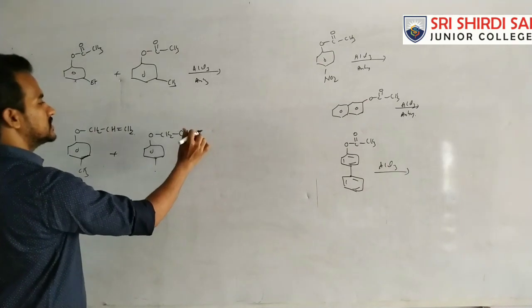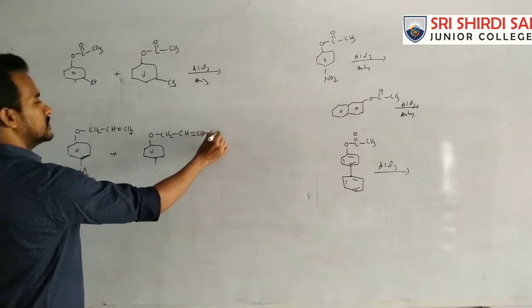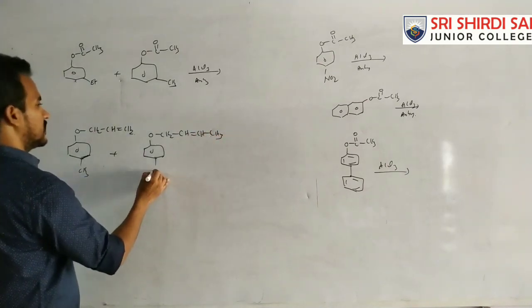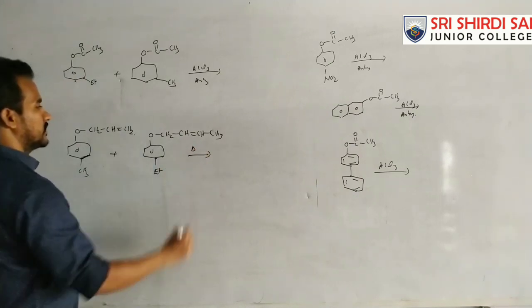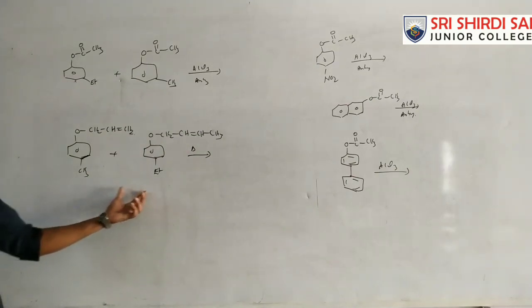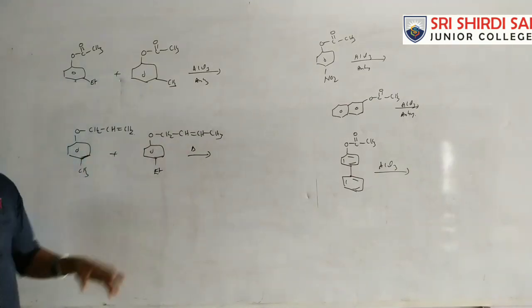Here I am writing CH3 and this one ethyl, on heating. This is the Claisen rearrangement. This is the Fries rearrangement.